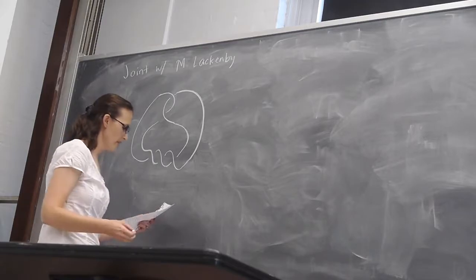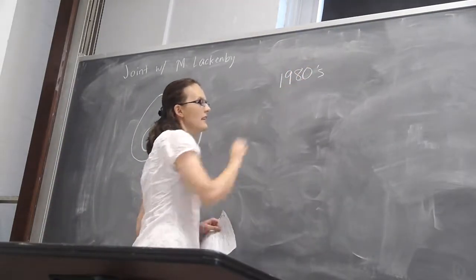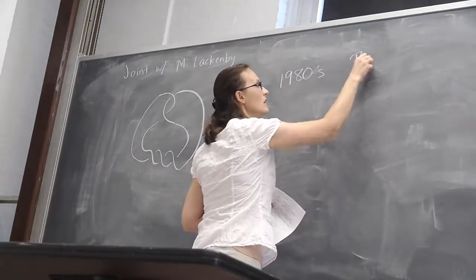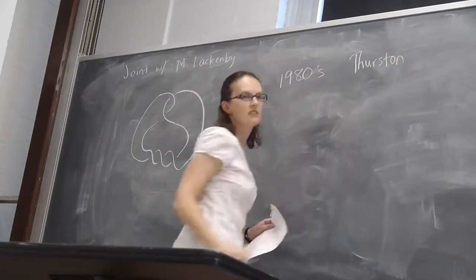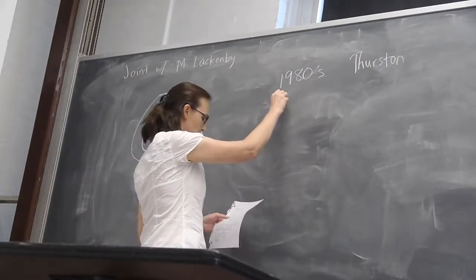Okay, to give a little bit of background, in the early 1980s, Thurston was doing a lot of work on hyperbolic manifolds, and he showed that many knots are hyperbolic.